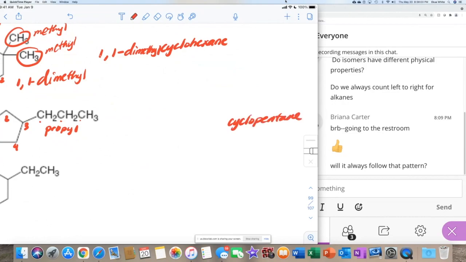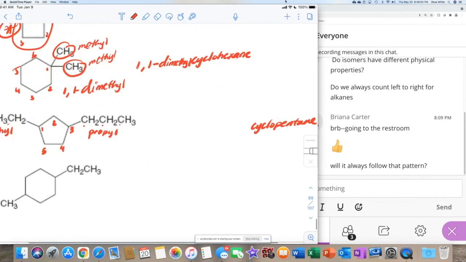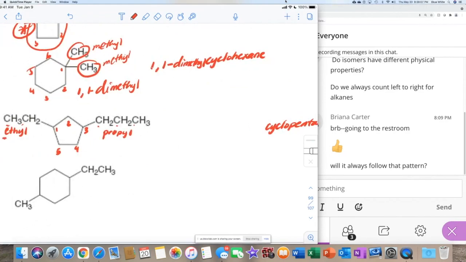Cyclopentane. On carbon 1, I have my ethyl group. On carbon 3, I have my propyl group. Now I have to combine them. So 1-ethyl-3-propyl.